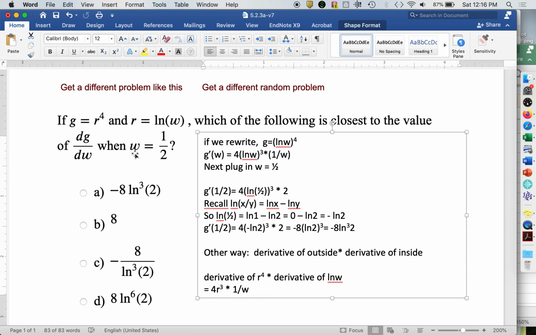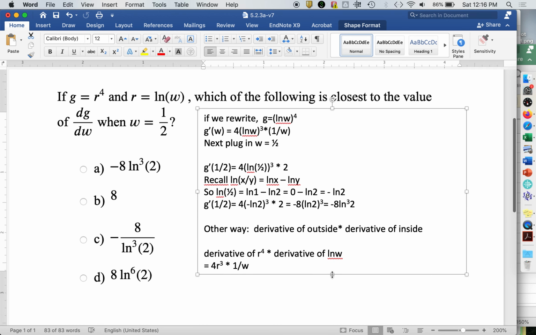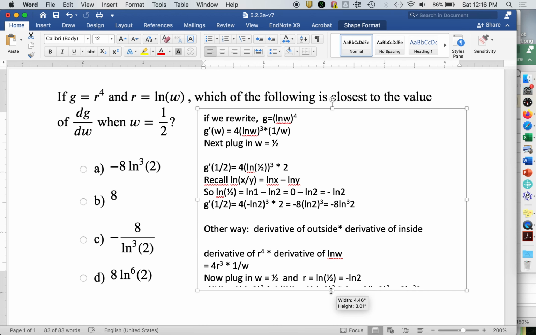It gave me a value to plug in for w, but it did not give me a value to plug in for r. So I have to figure out what I'm plugging in for r. If w is 1/2, we can figure out r is natural log of 1/2.